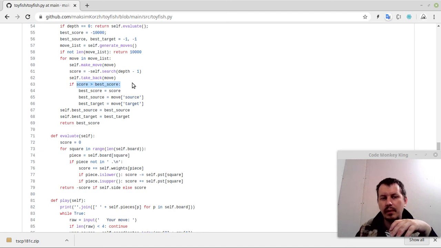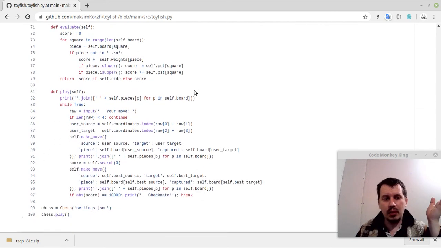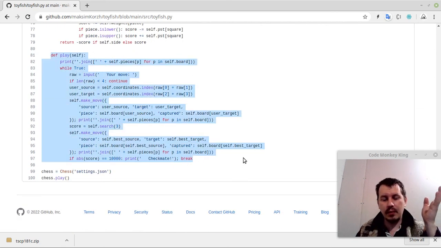So if we found a better score, then we update the temporary best score, and eventually we update the best score, the best source, the best target, to formulate the best move associated with the best score, and then we make that best move on the board, and then there's a simple driver to play it.